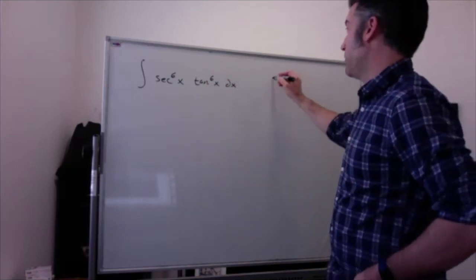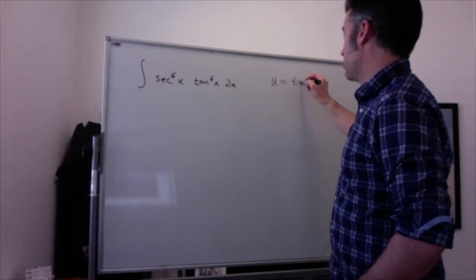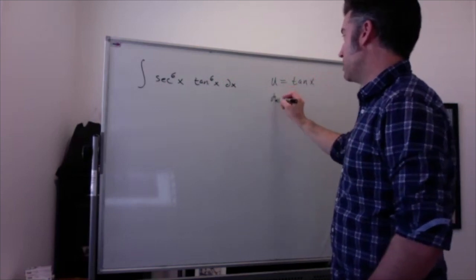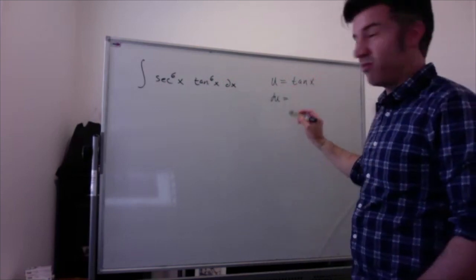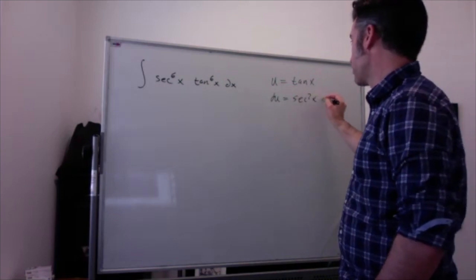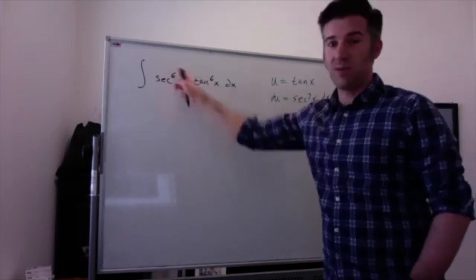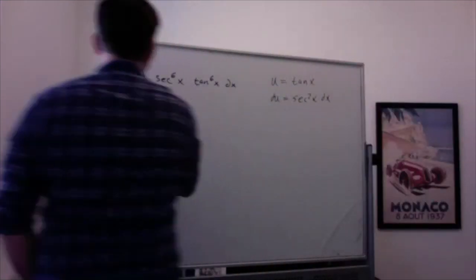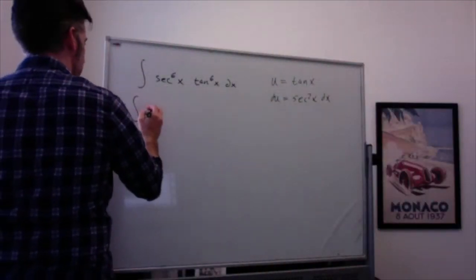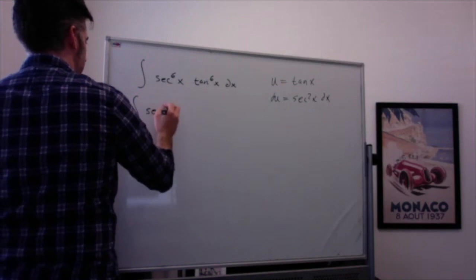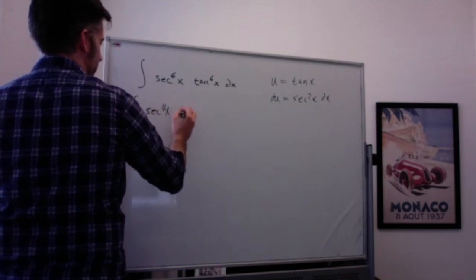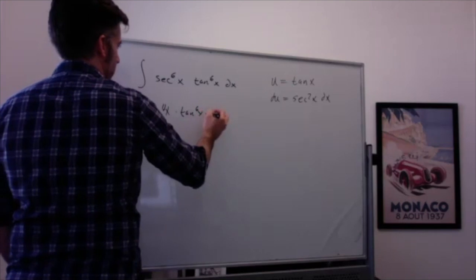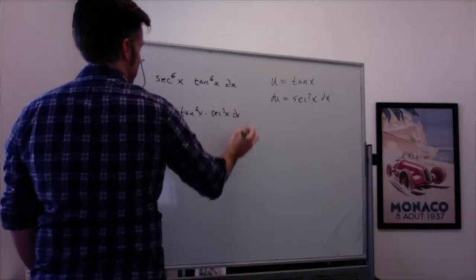So here I want to pick u equal to tangent, because the du will be the derivative, which is secant squared. And when I take away the secant squared from the secant to the 6th, I'll have an even number of secants left over. So I can write this as the integral of secant to the 4th x times tangent to the 6th x times secant squared x dx.